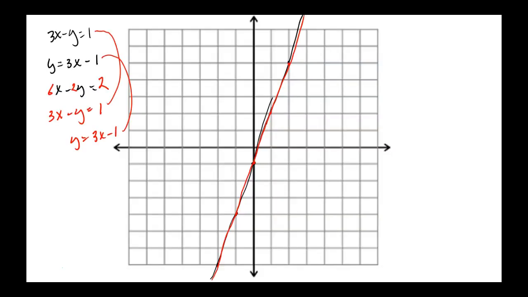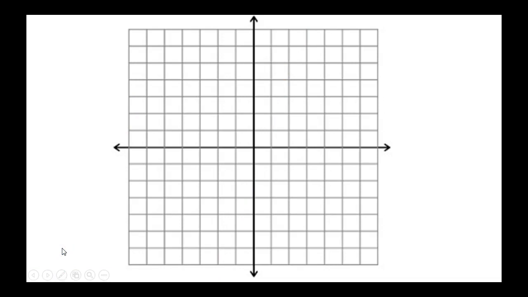So let's move on to example 4. Solve and graph, boo hiss. Let's go back and graph each system of linear equations. Here's the first. Let me start with red and then we'll go to the next one.